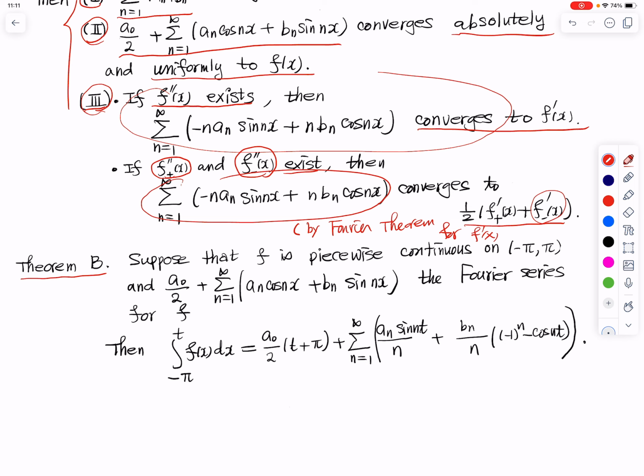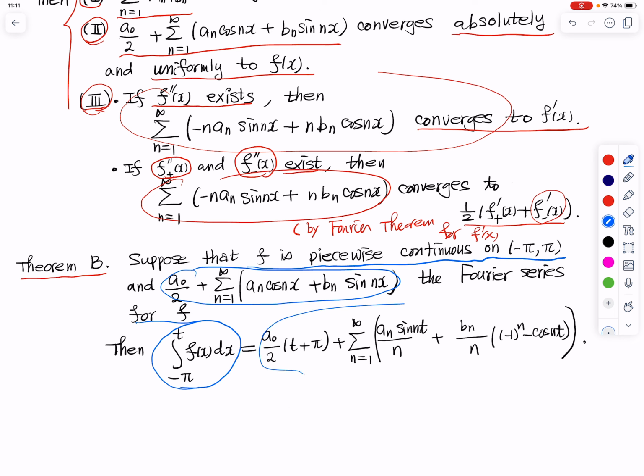What is theorem B? Theorem B is that if we don't have more conditions, so the function f is only piecewise continuous on minus pi to pi, then you have a Fourier series for f, and integrating f is the same as integrating the Fourier series.